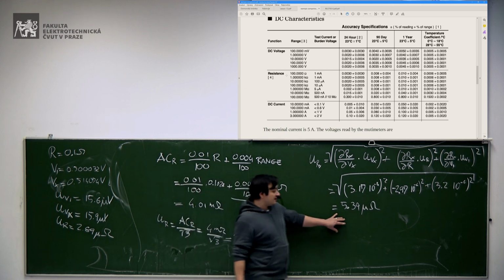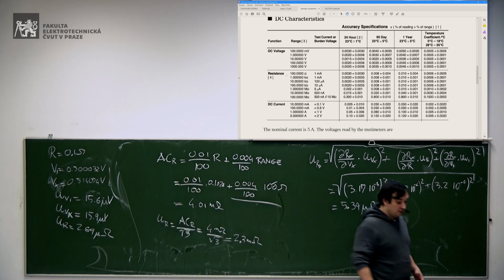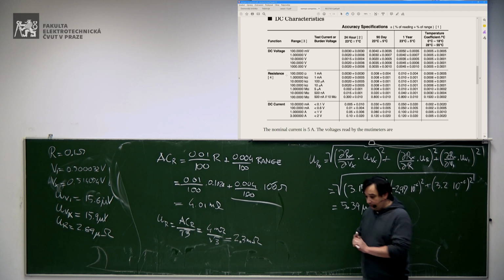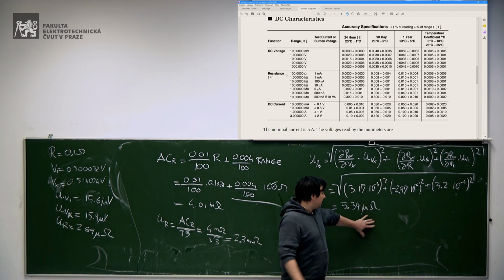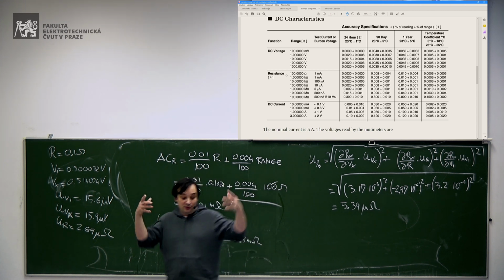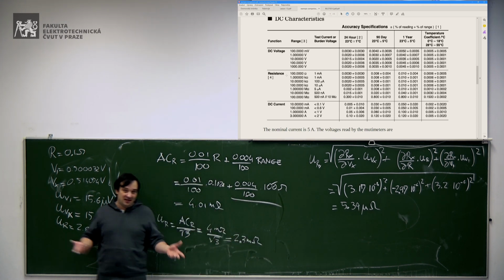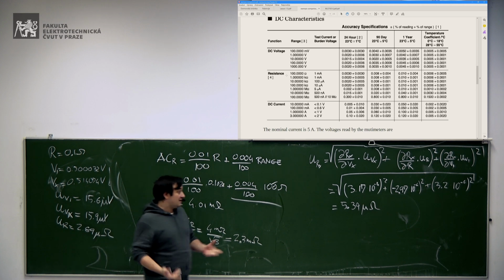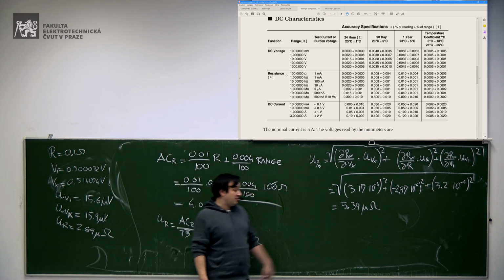With the comparison method, we have an uncertainty which is 3 orders of magnitude smaller. So definitely it's better to use a comparison method, even if it's more complicated, even if you have to use 2 multimeters and an expensive resistive standard, because the uncertainty that we achieve is much smaller.